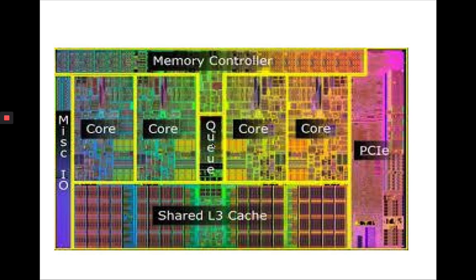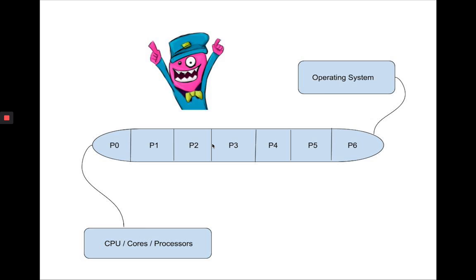The operating system pushes all the processes to the queue, and each core pulls from it as soon as it becomes available. So all the hard work is done by the cores, the queue, and the operating system, and we as users are just happy because everything is happening so efficiently.